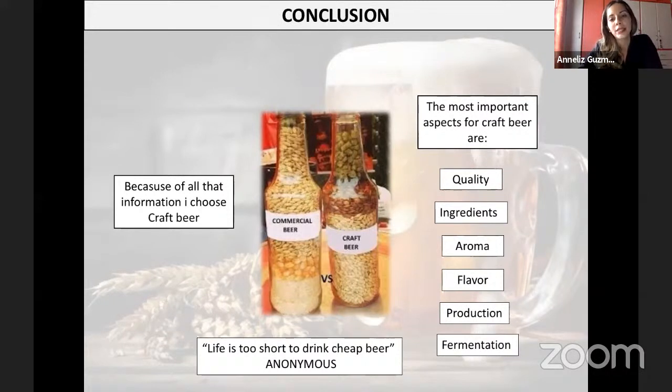This is why craft beer is more natural, and I think that nowadays clients are looking for a product that is more natural than another product that has these things like colorants and preservatives.